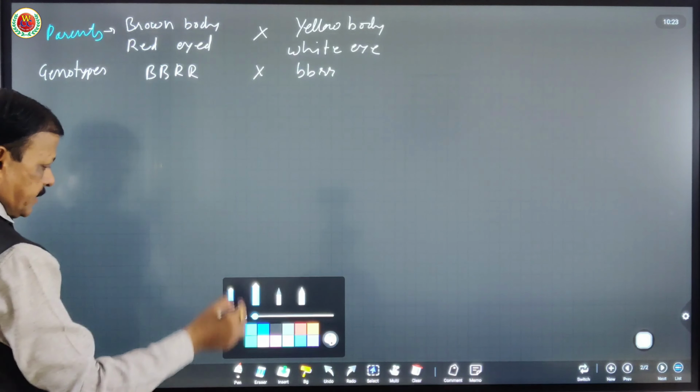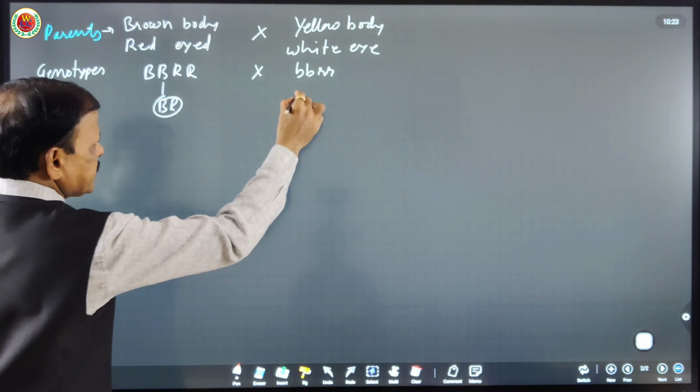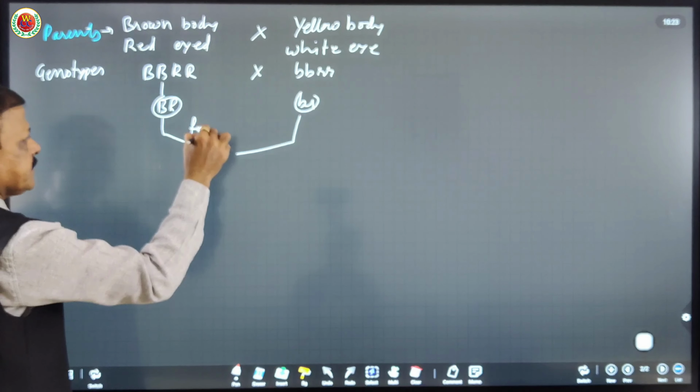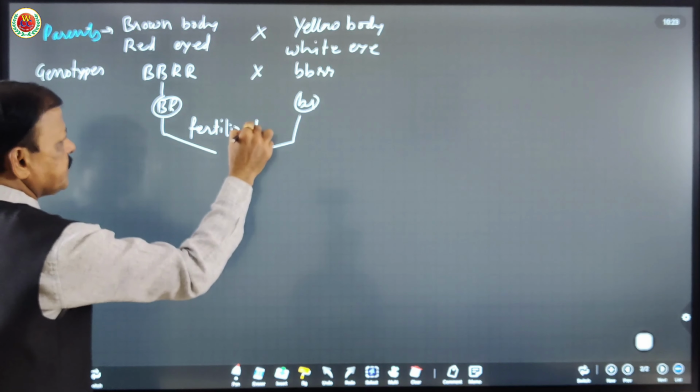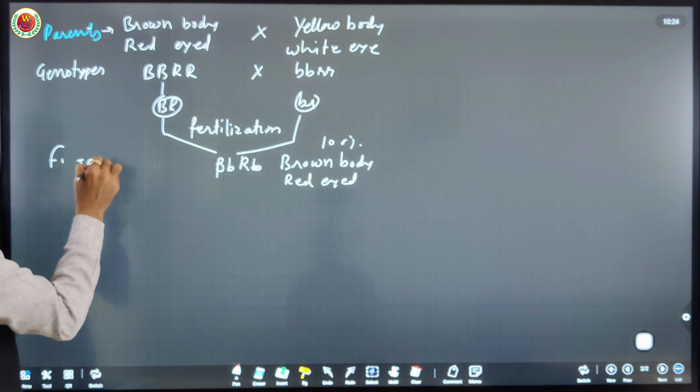When they cross it, with the gametes capital B, capital R and small b, small r, in the F1 generation after fertilization, they obtain only brown body and red eyed flies, all 100% in the F1 generation.